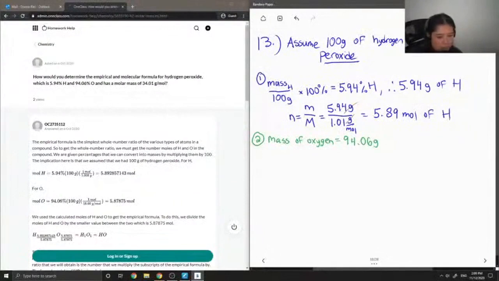So now I can calculate the number of moles of oxygen. So it's just 94.06 grams divided by the molar mass of oxygen, which is just 16. And you end up getting 5.88 moles.